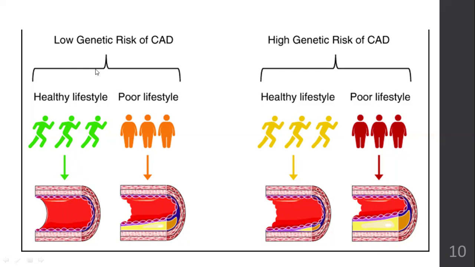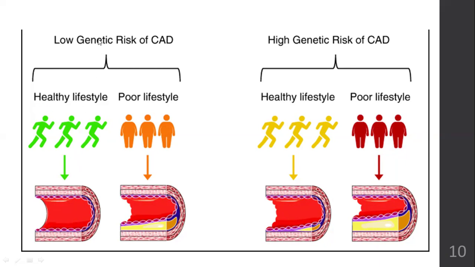People who do not have a family history of cardiovascular diseases. Neither the grandparents nor the parents, nobody was suffering from any heart related diseases. When they have a healthy lifestyle, their arteries will be clean. Their arteries will not have any plaque, any fat cell deposits, with a healthy lifestyle.